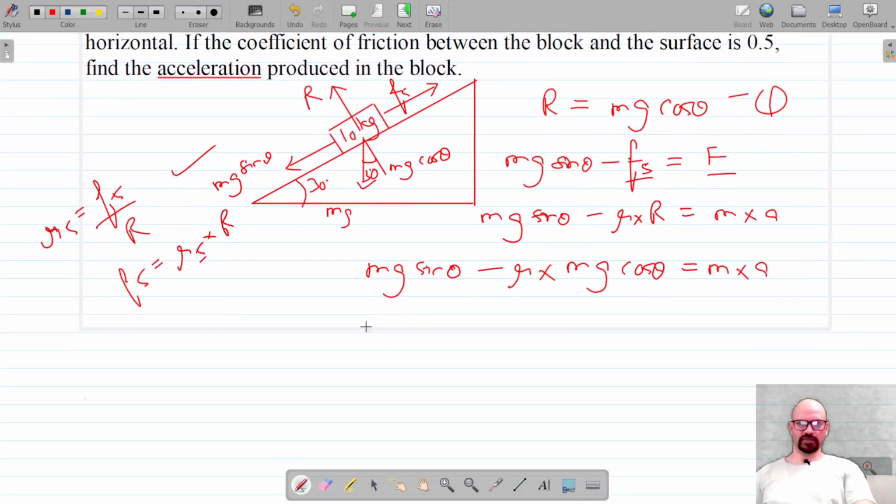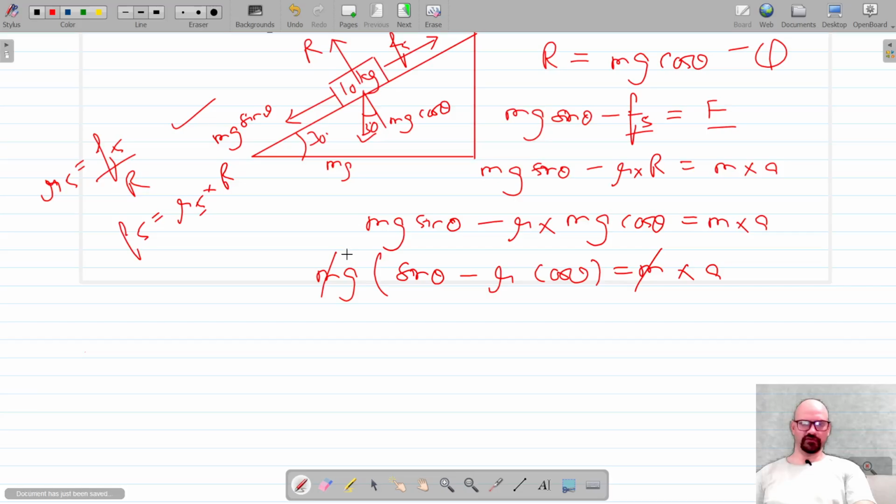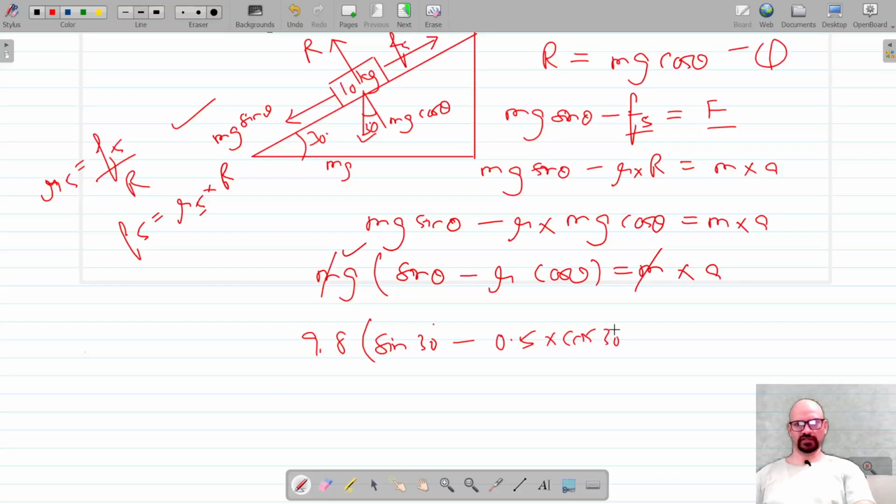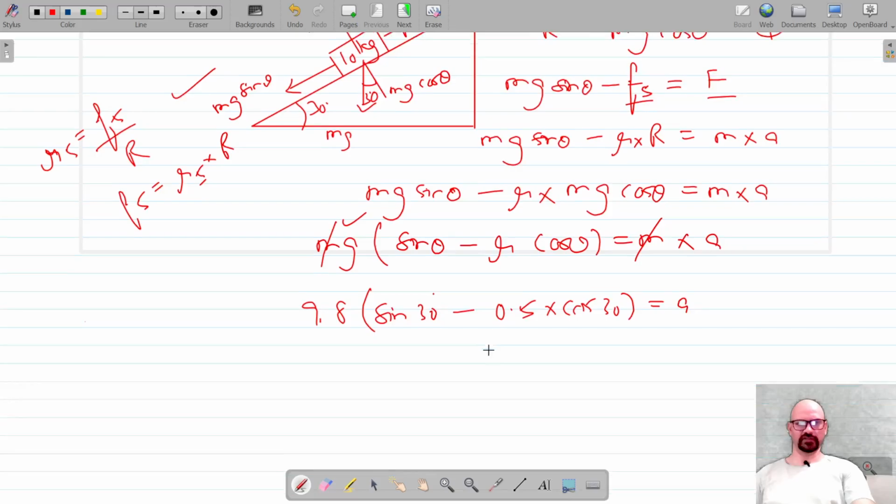And in this case, mg is common, so this is sine theta minus coefficient of friction into cos theta is equal to the net accelerating force when m gets cancelled. So this will give us the acceleration. g is 9.8, sine theta is sine 30 degrees, coefficient of friction is 0.5, and cos 30 degrees. That should give us the acceleration.